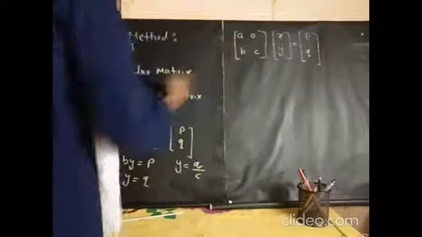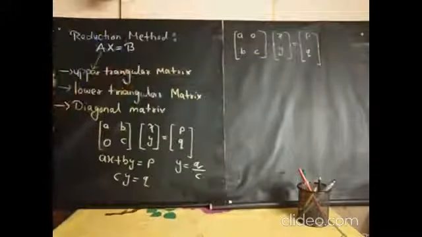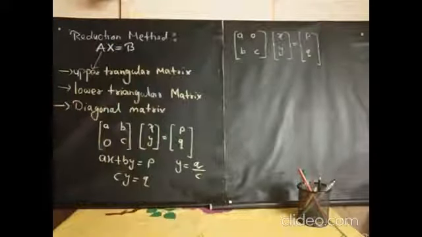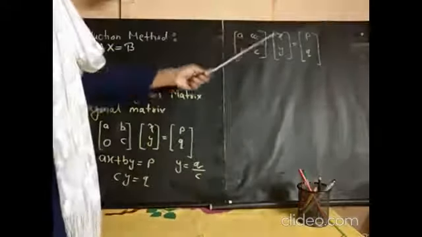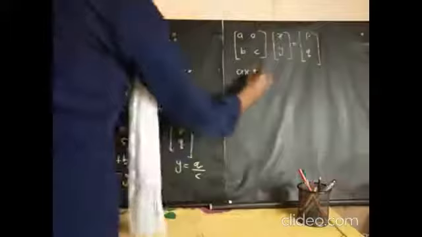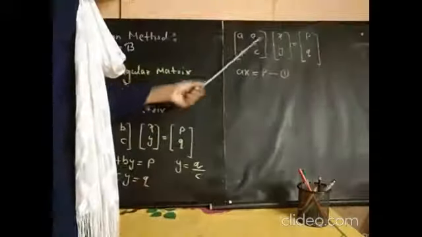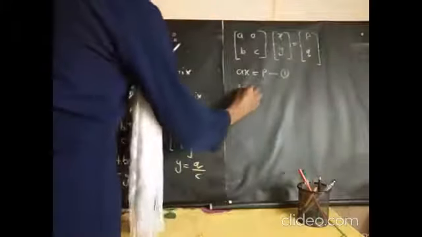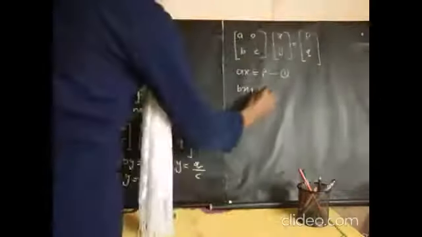Children, here which value will you get first? Value of X first or value of Y? Just think about it. See, after multiplying you will get A into X plus 0 into Y, that is 0, which means you will get Ax equal to P, equation number 1. Then B into X, Bx plus C into Y equals to Q. Here you will get the value of X first.